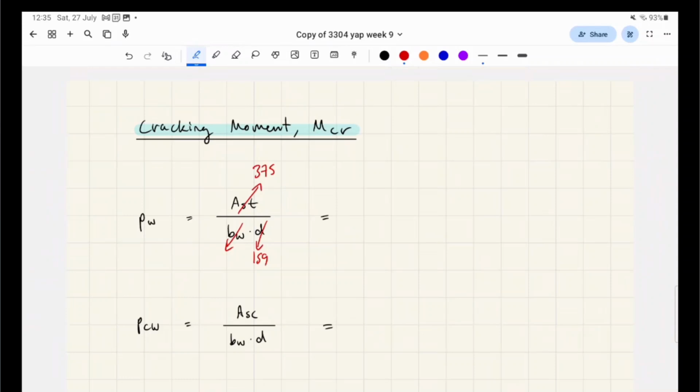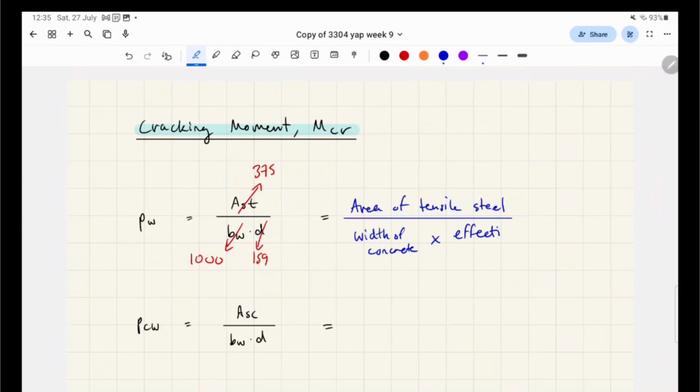1000. Very good. So what this is saying is area of tensile steel divided by width of concrete times effective depth of steel.